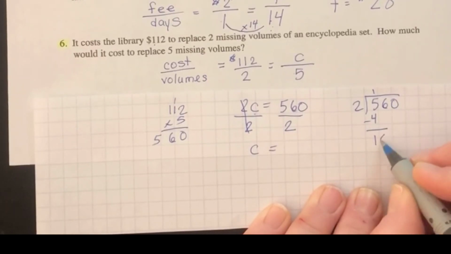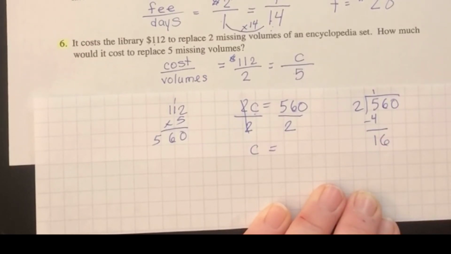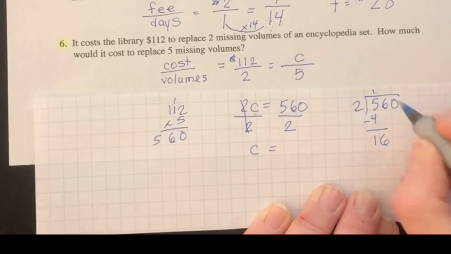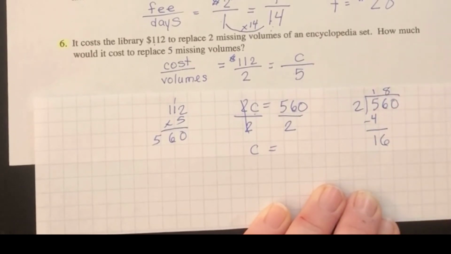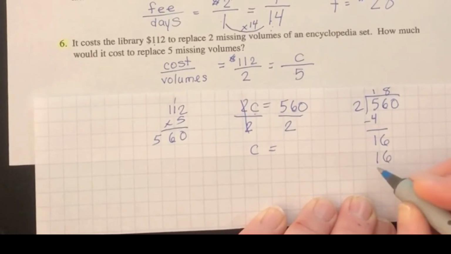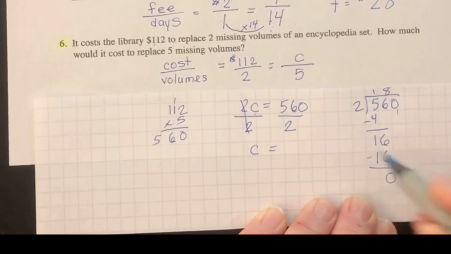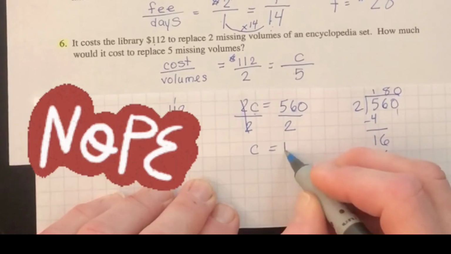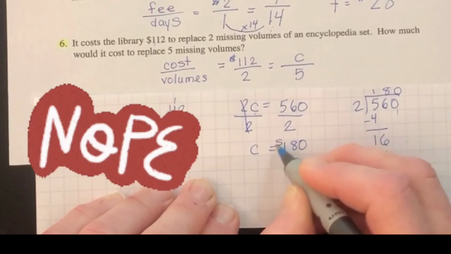Bring down the 6. 2 goes into 16 8 times. 8 times 2 is 16. We still have another digit. Bring that down. 2 goes into 0 times. So that gives us 180.